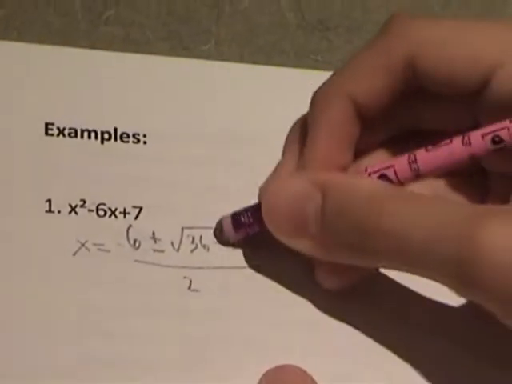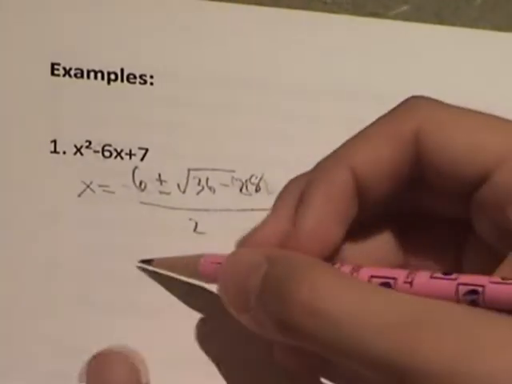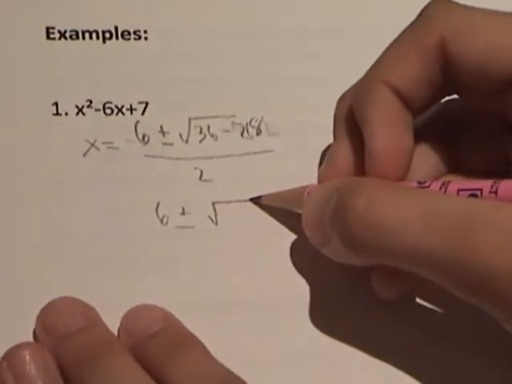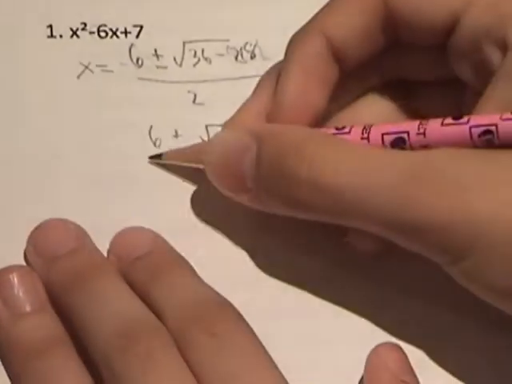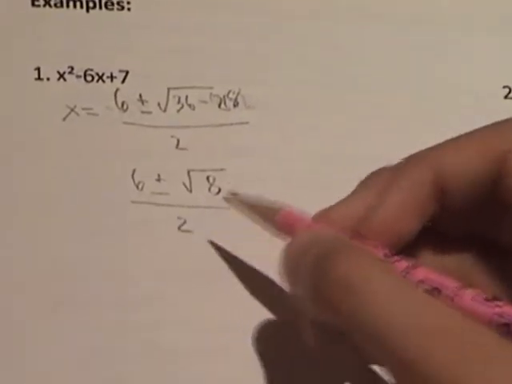Then 4 times 7 is 28. So 6 plus or minus the square root of 8, over 2.